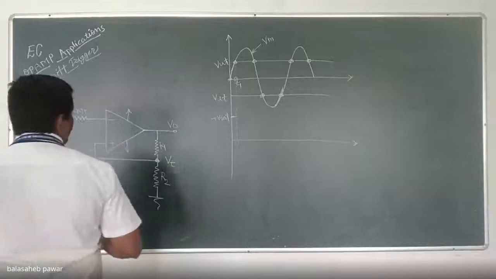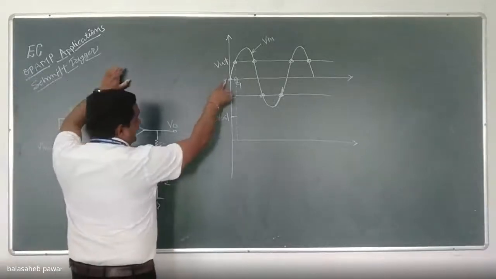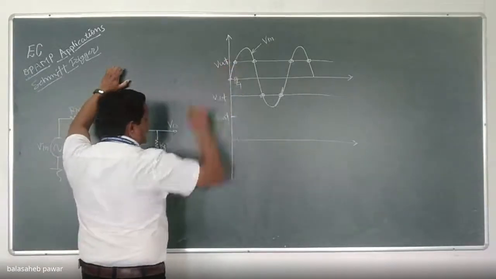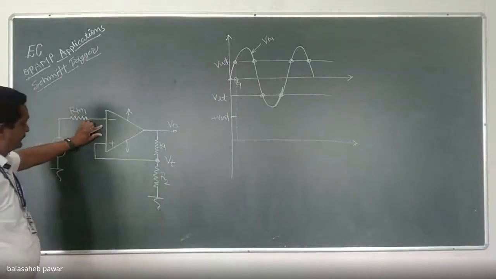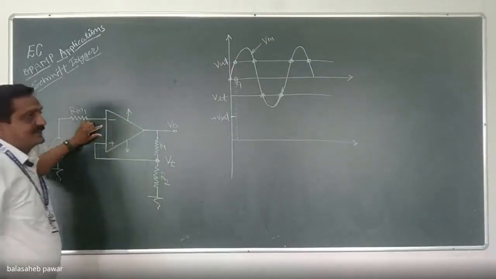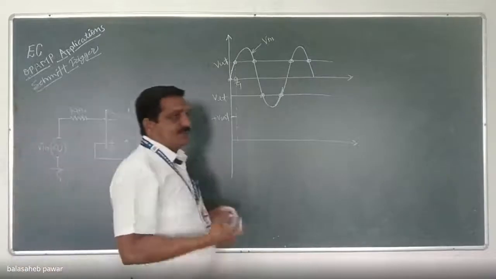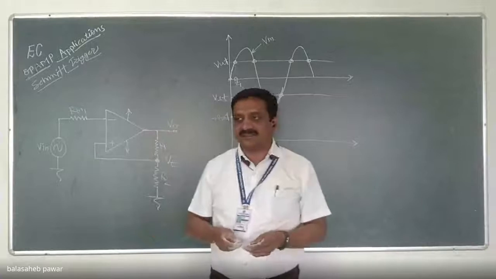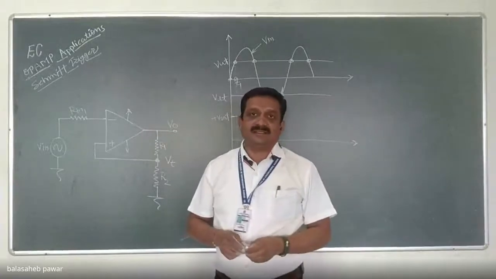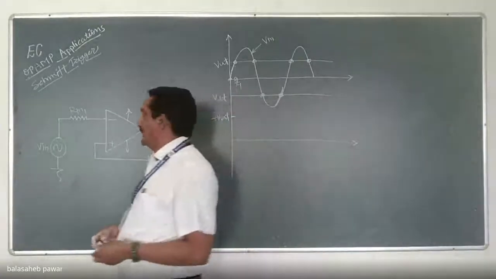So when that input signal reaches VUT, the differential input signal becomes 0, right? Now, differential voltage is nothing but the difference between the two input signals, Vin1 minus Vin2. That we already discussed when we studied the basic applications of the op-amp.